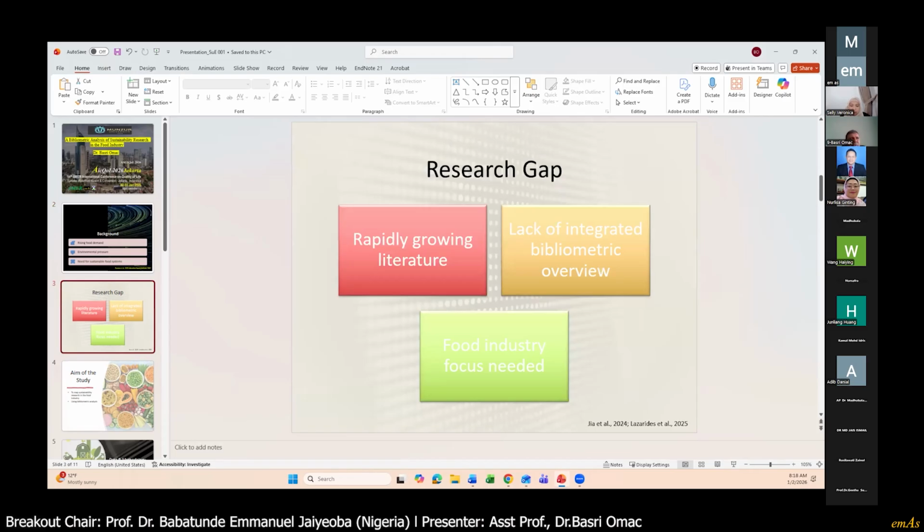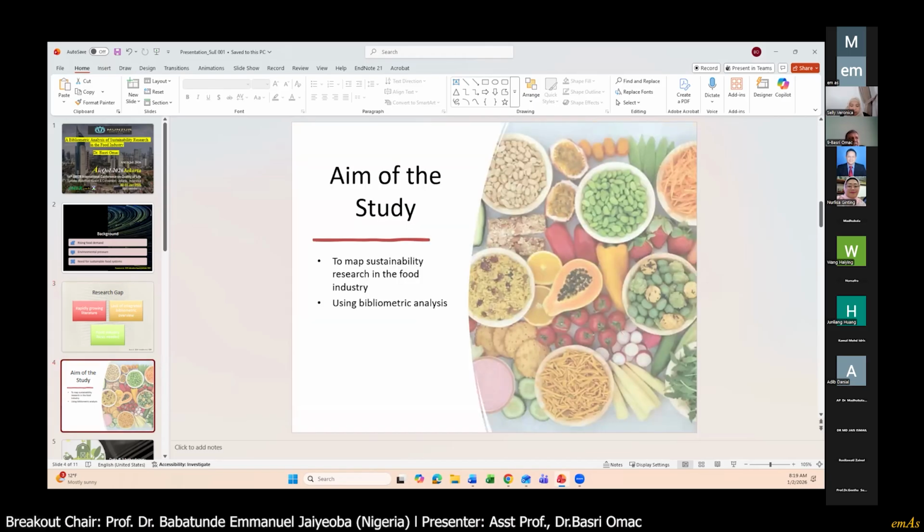The research gap of this study is that we are looking at how the literature is growing, where the gaps are in this area, and also what the food industry needs to focus on. The aim of this study is to map sustainability research in the food industry using a bibliometric analysis.